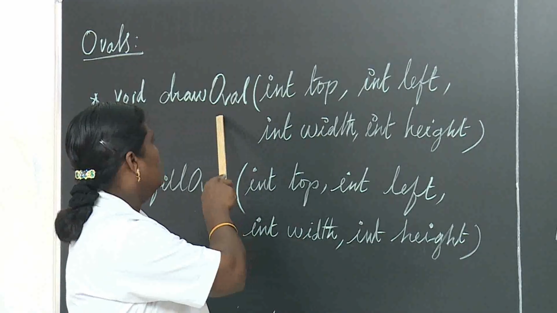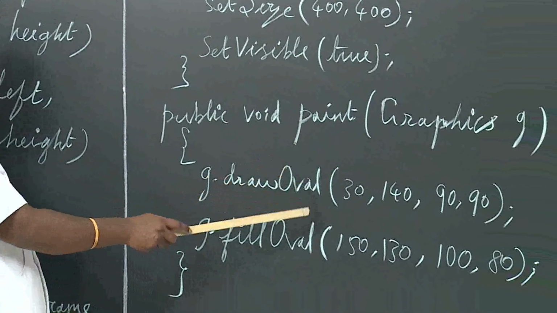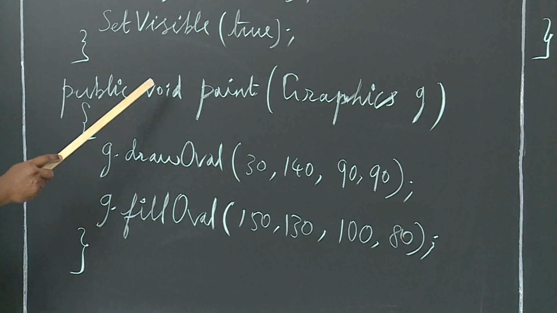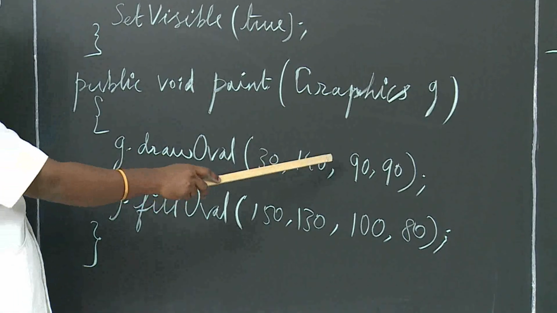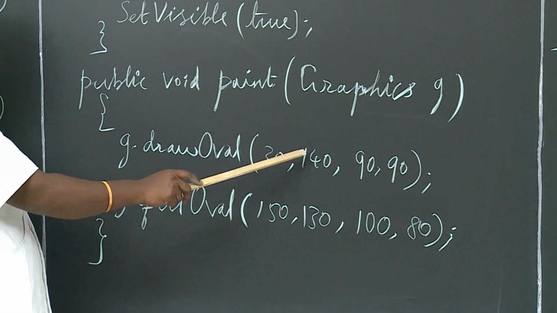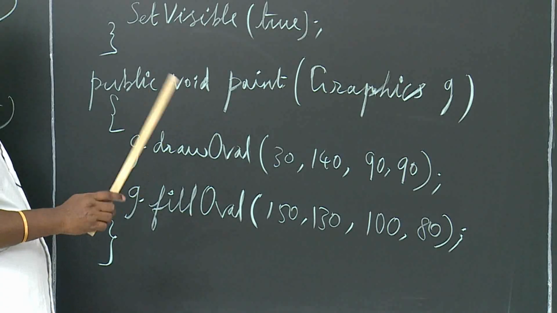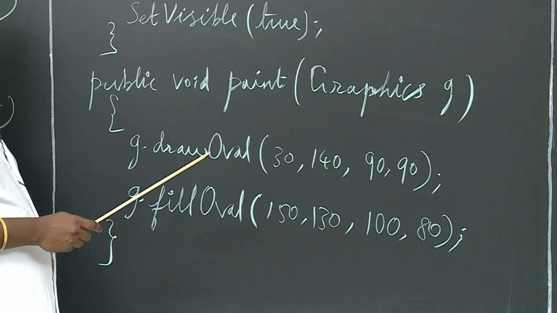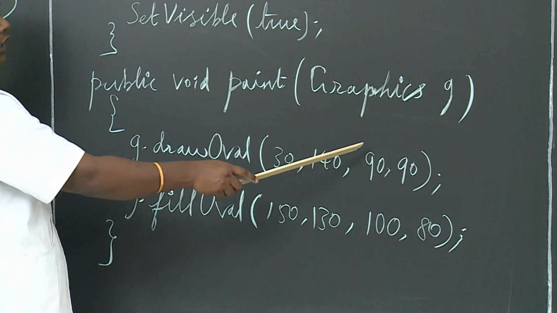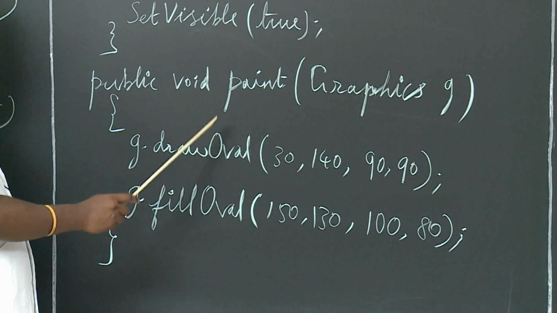These two functions are used within this paint function, which is going to enable the pixels corresponding to these parameters. drawOval is going to draw the oval symbol. It may be a circle or an ellipse. We get the actual shape based on our parameters like x-axis and y-axis, then its height and width.